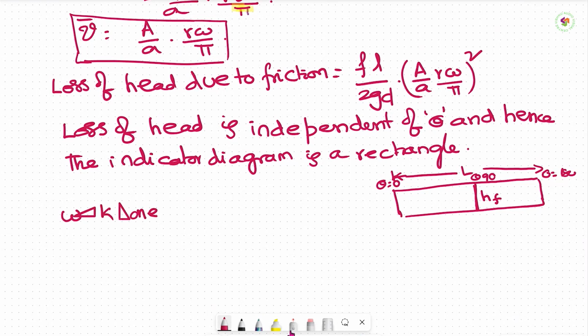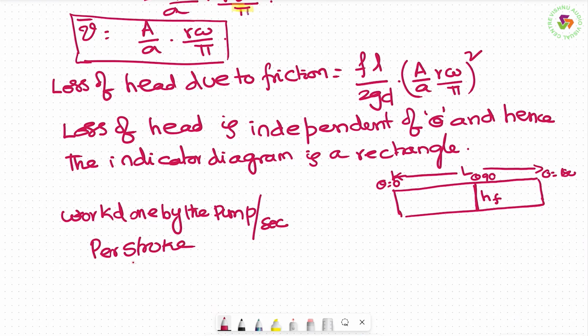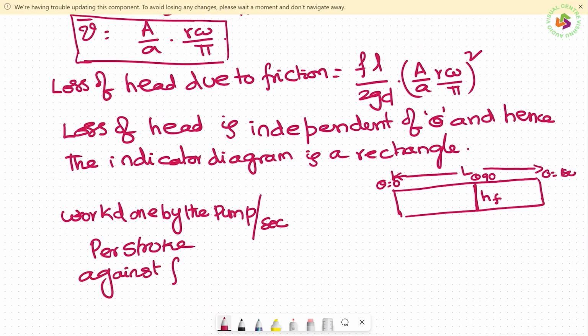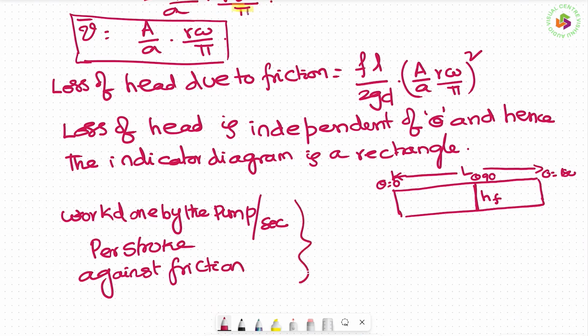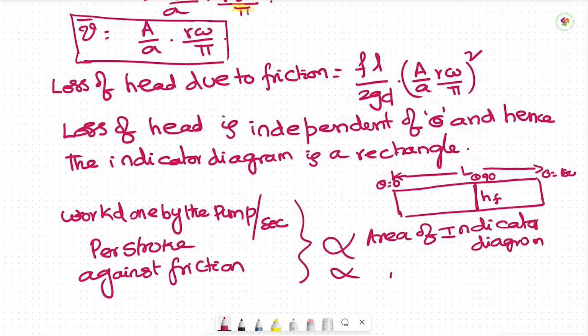Now the work done by the pump per second, basically per stroke, against friction is proportional to the area of the indicator diagram, that is, proportional to the area of the rectangle.